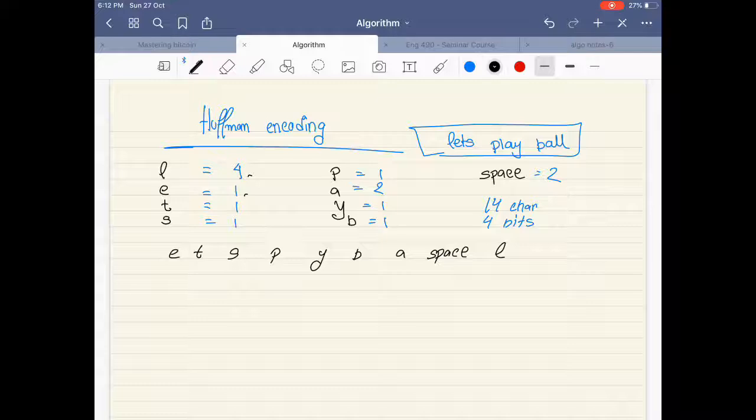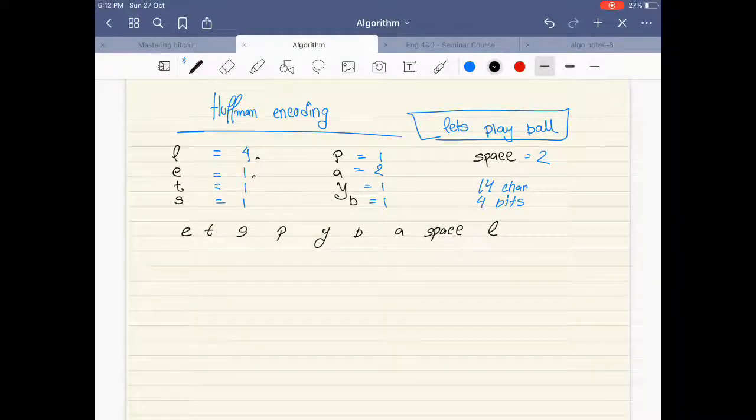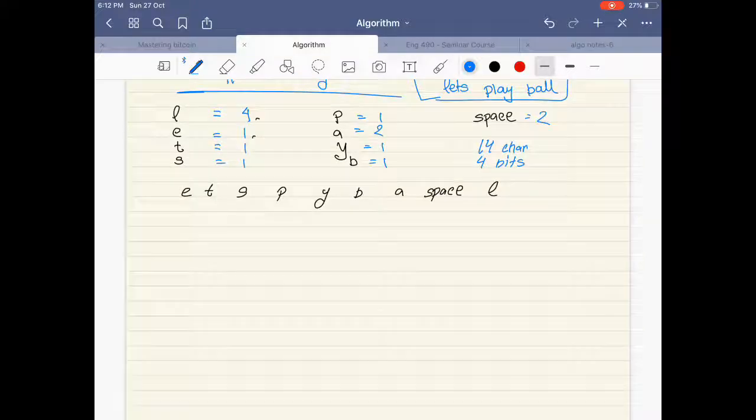Now we have to merge them together. So this is where the concept of greedy comes in. We look into the small ones first and then try to sum them up and do the process again and again. So these are 1, 1, 1, 1, 1, this is 2 and 2, this is 4.